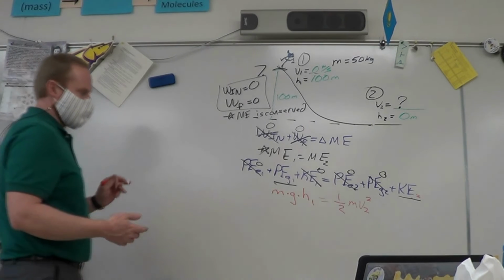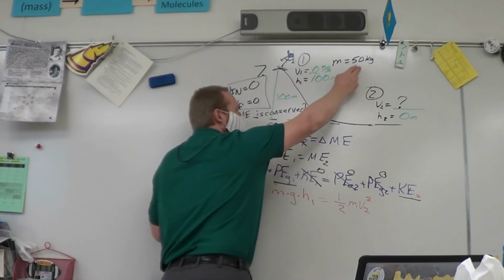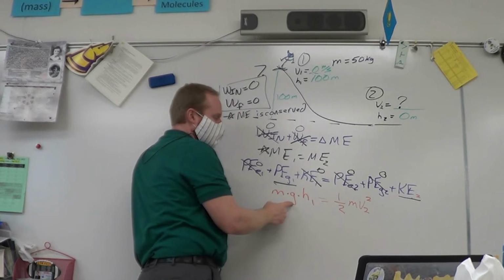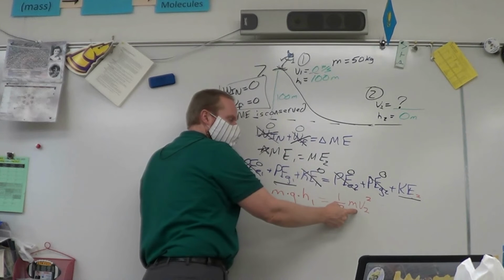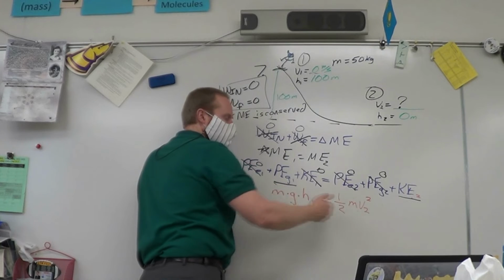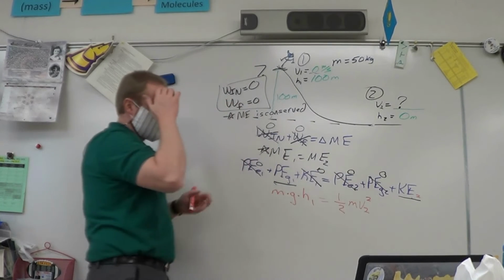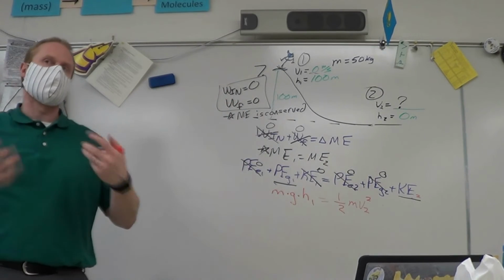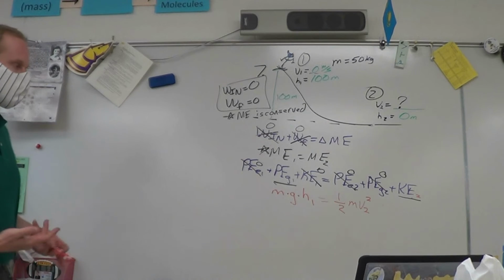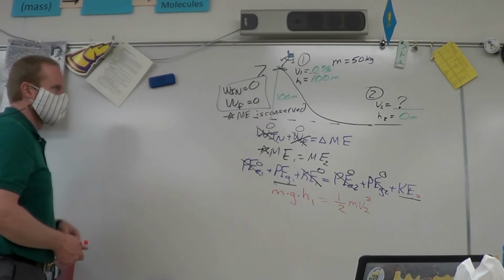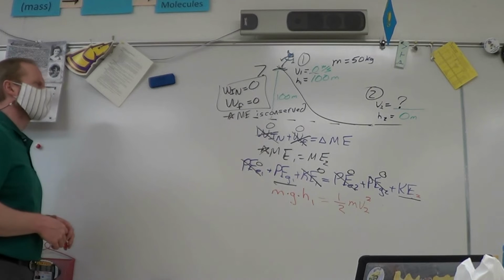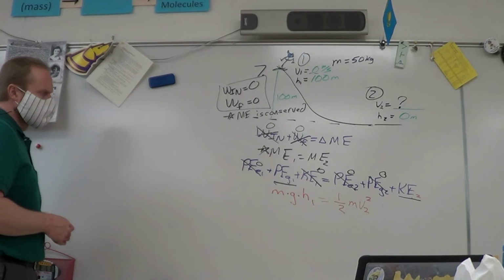So we can cancel out the mass. This 50 is going to be times 50 here, and it's going to be times 50 here. Overall, the effect that that has on my equation is none, because we're multiplying both sides by 50. We can actually cancel and reduce that. We can factor and simplify.